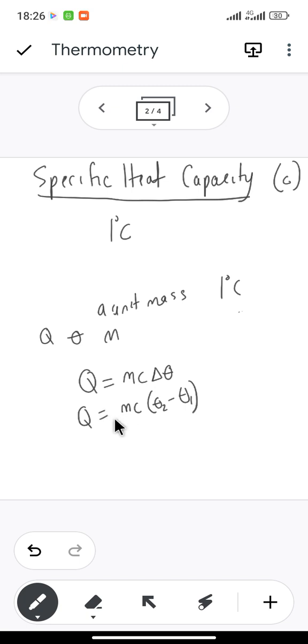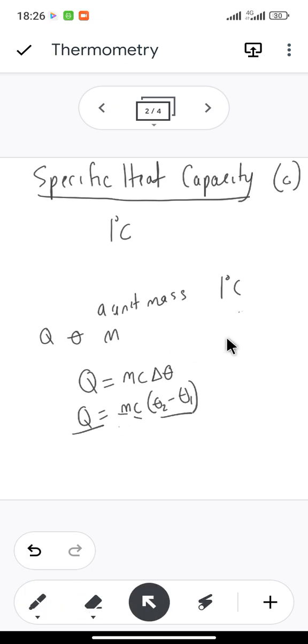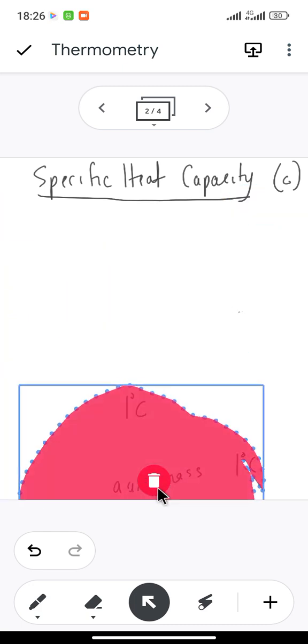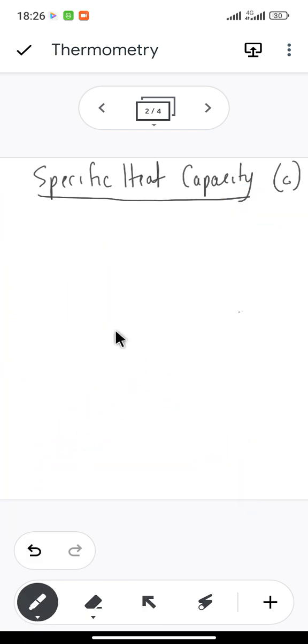So this is the relationship between quantity of heat and mass, specific heat capacity, and temperature. Now we are going to discuss the determination of specific heat capacity of various substances.